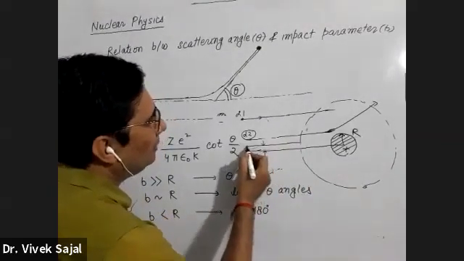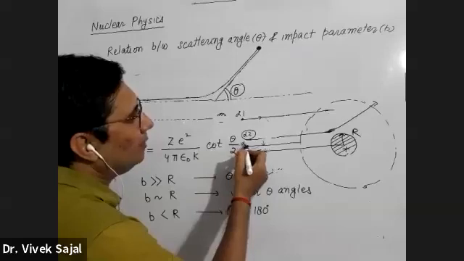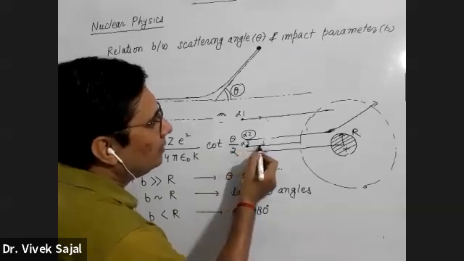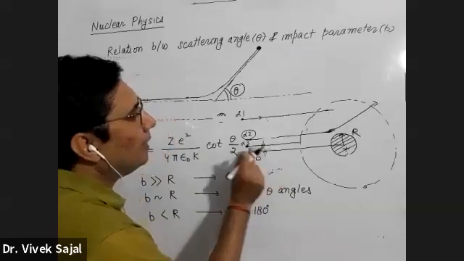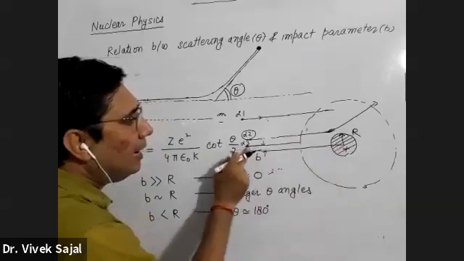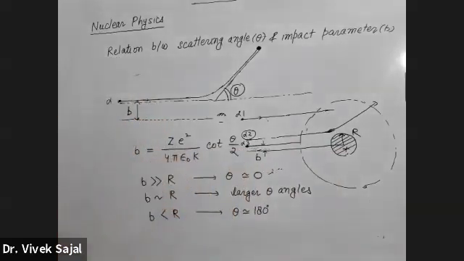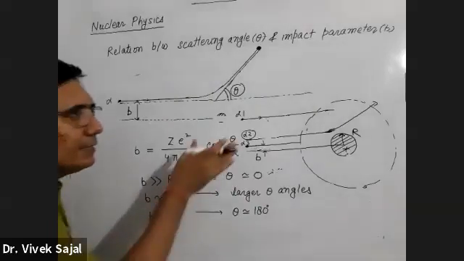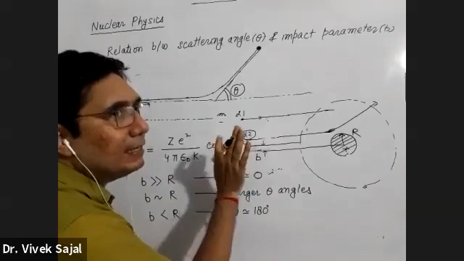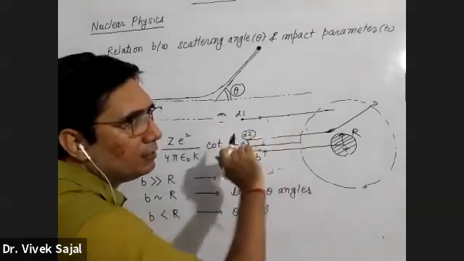This alpha 3 will have some kinetic energy, but when it is moving in the forward direction, it interacts electrostatically with the nuclei, and its kinetic energy is converting into potential energy. It is losing its kinetic energy in opposition to this repulsion.